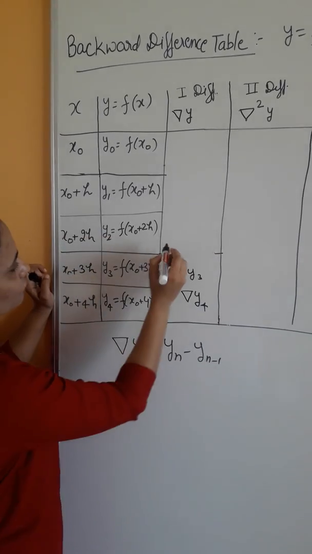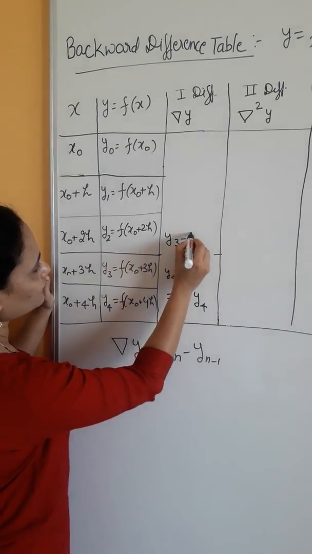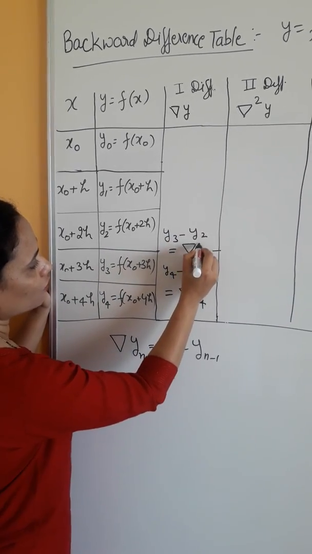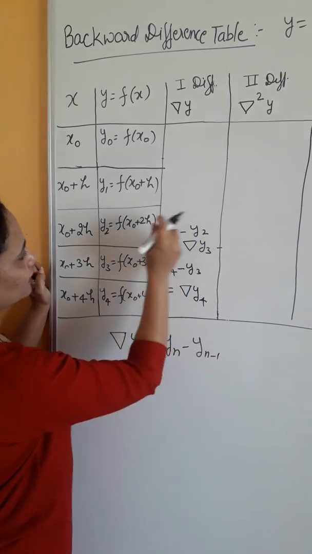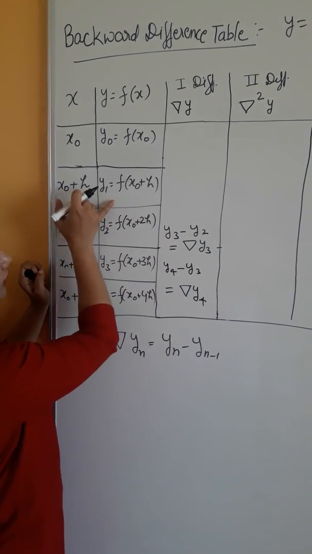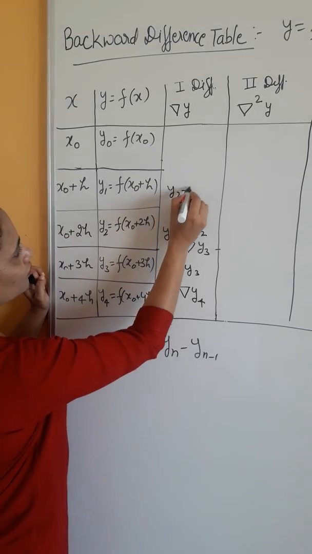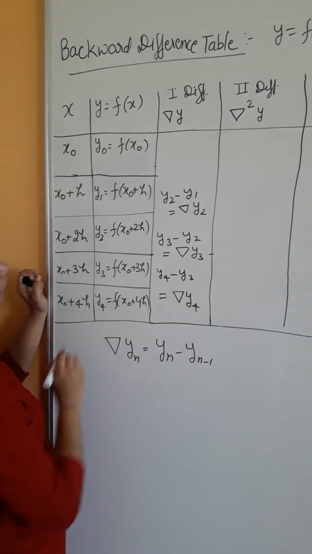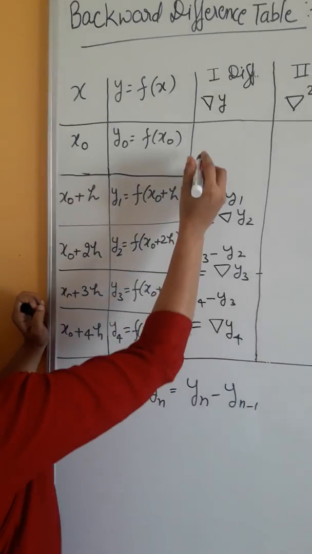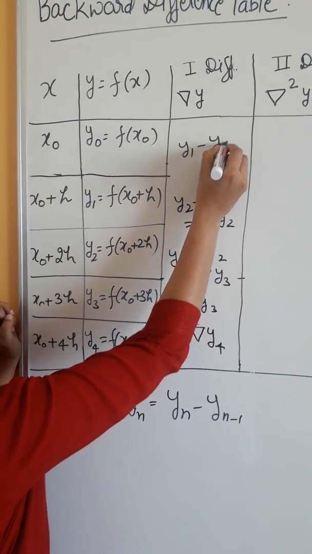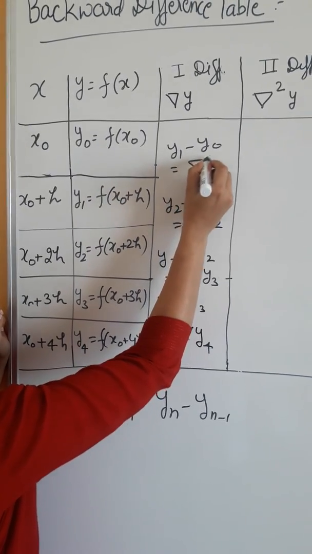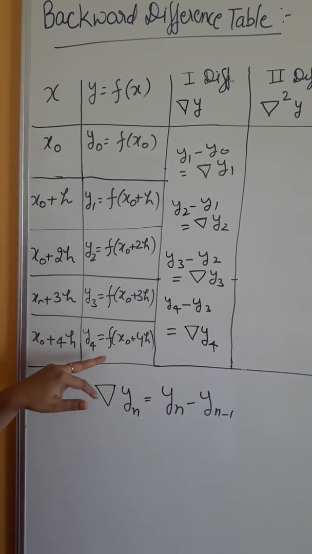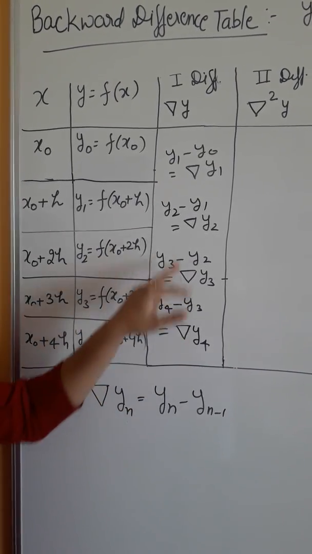Now these two, y3 minus y2. How should I write it? Nabla y3. Then again y2 minus y1. This is nabla y2. Then again y1 minus y0. This is nabla y1. So what I have done, I have started from here and written like this.